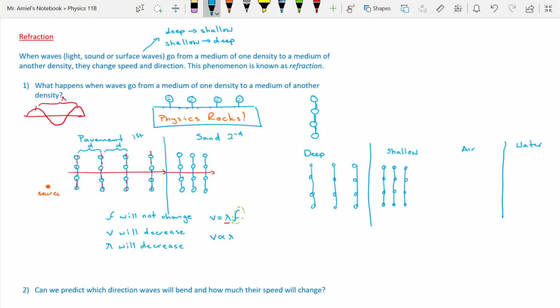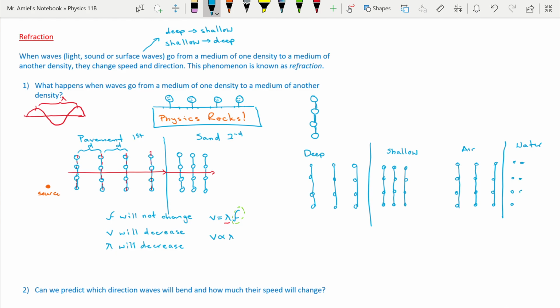So this is the equivalent of going from pavement to sand. We're going to have the exact same thing again. We're going to have our wave fronts coming in. So now this is light.